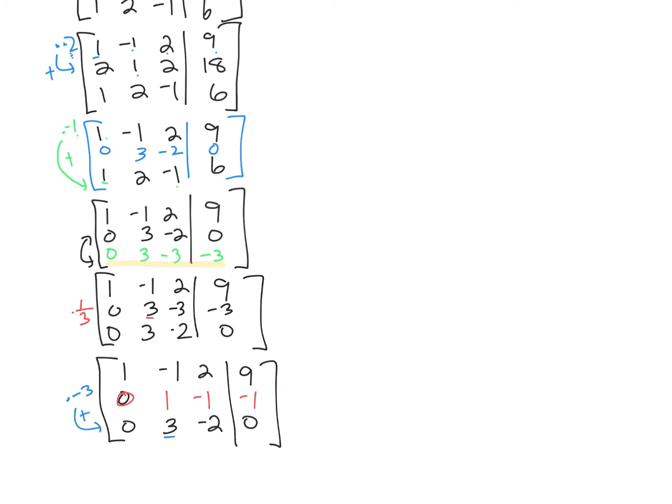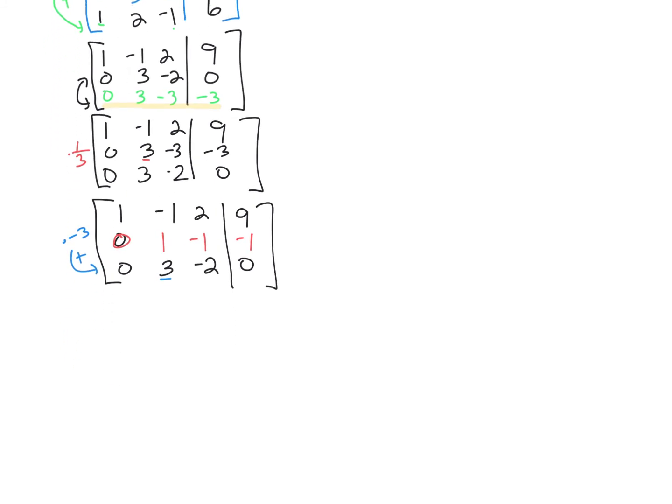The only row that is changing is row 3 again, so we'll copy rows 1 and 2 from the previous step. 1 times -3 is -3 plus 3 is 0. -1 times -3 is 3 minus 2 is 1. -1 times -3 is 3 plus 0 is 3.